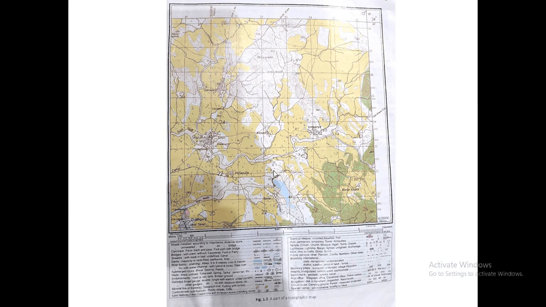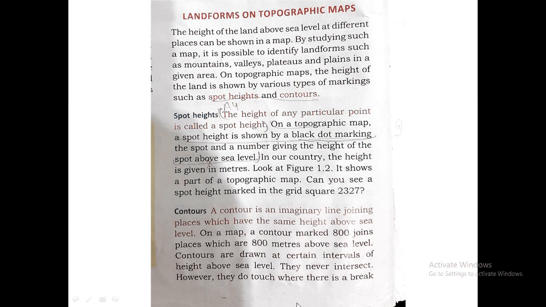This is figure 1.2, a part of a topographic map. Can you see a spot height marked in grid square 23, 27? In the earlier class I have already told you how to find eastings and northings.